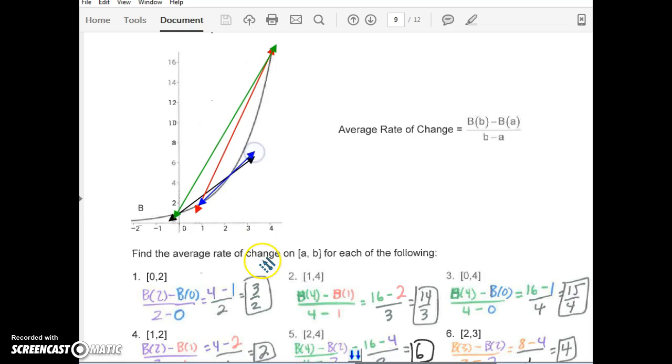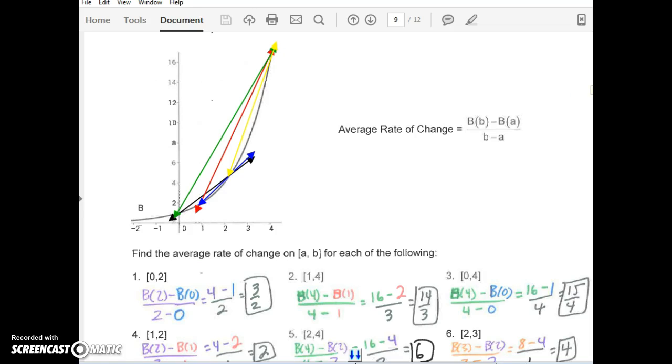And the value at 2 to 4. So 2 is at 4, and the value at 4 is at 16. So we have all these different linear equations. What we're doing is finding the slope to create those linear equations.